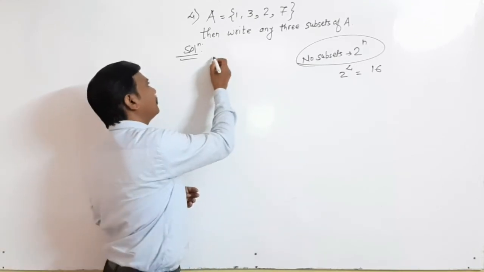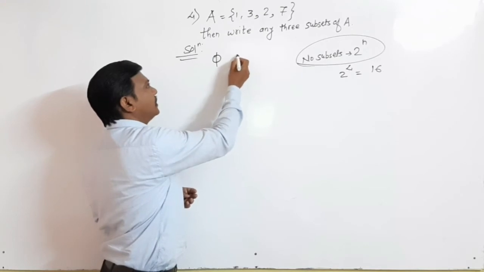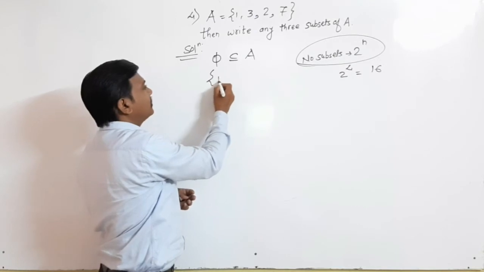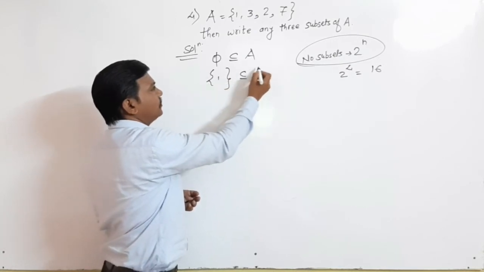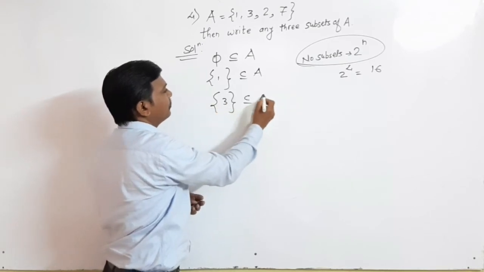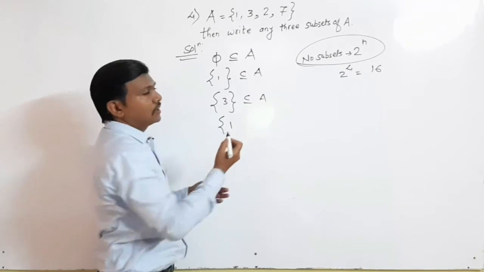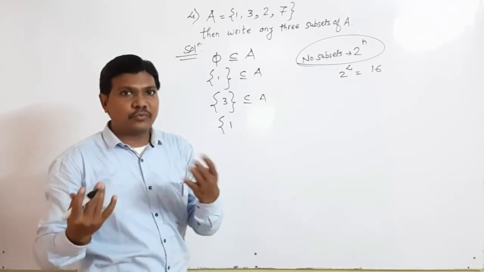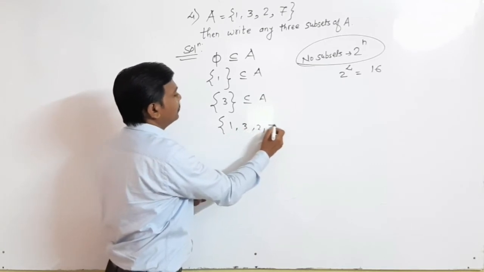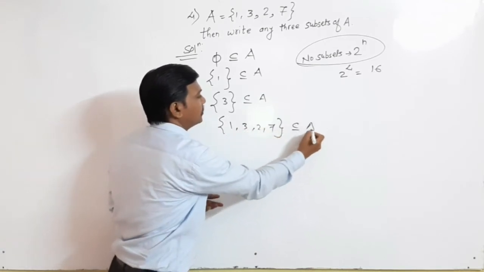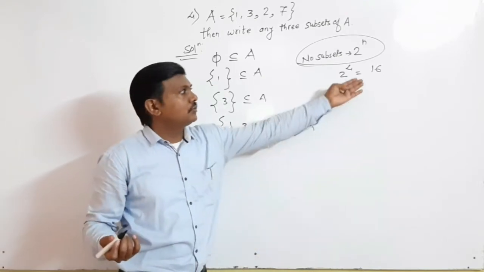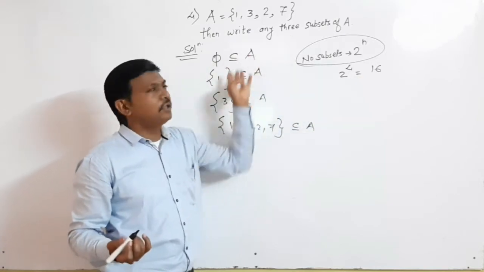So here, because empty set is a subset of every set, first we take the empty set, that is a subset of this A. Then write single 1, that is also a subset of A. Then 3 is a subset of A. Then if you know every set is a subset of itself, so {1, 3, 2, 7} is also a subset of this A. Similarly, how many subsets can you write here? 16, but you write any 3 like this.